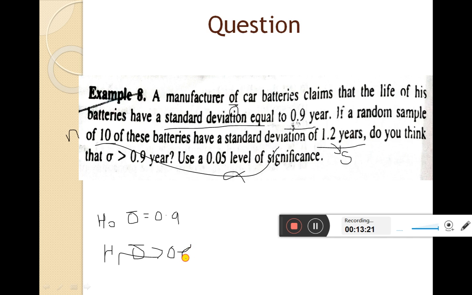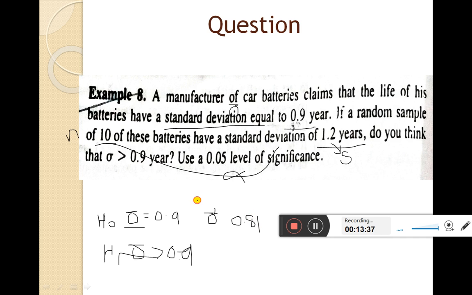Since 0.9 is the standard deviation, the variance would be, if we square it, 0.81.